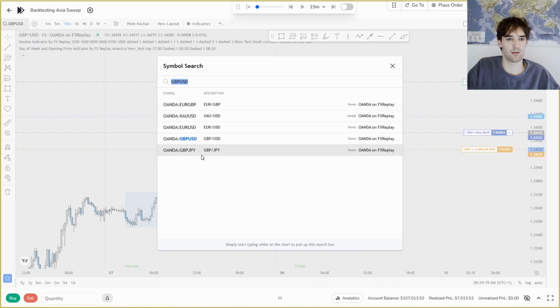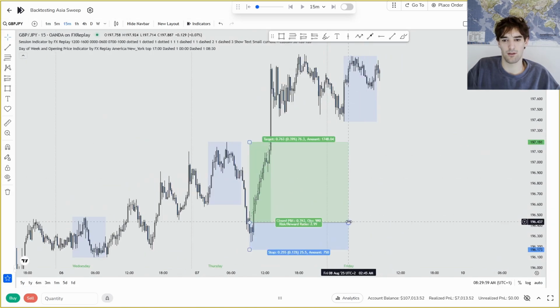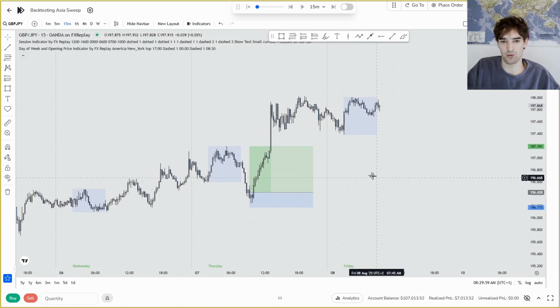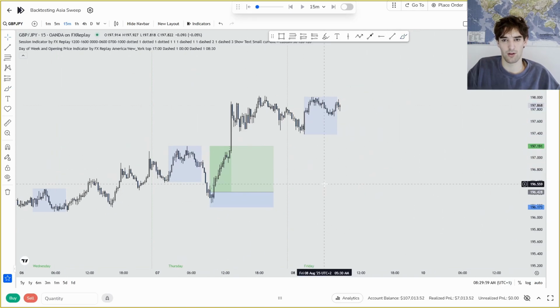Like this. Then GJ nothing clean, no swing lows. We can see this one as a swing low, but I don't expect price to all the way come back here and then move up.